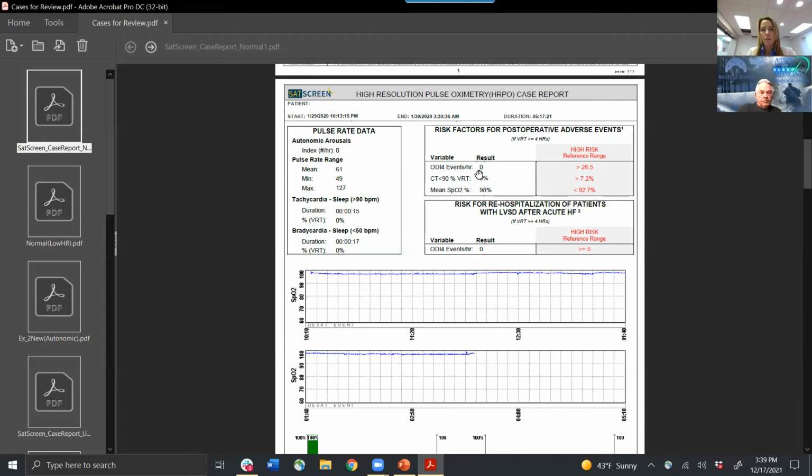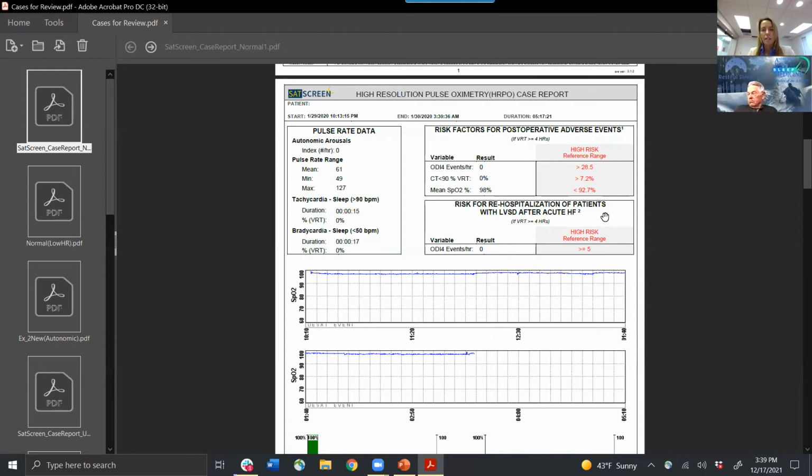If their result is higher than, say, their ODI 4 events per hour is greater than 28.5, then that patient is going to be at a higher risk of some sort of post-operative adverse event. We do have the references at the bottom of the page for you as well if you want to look at them.